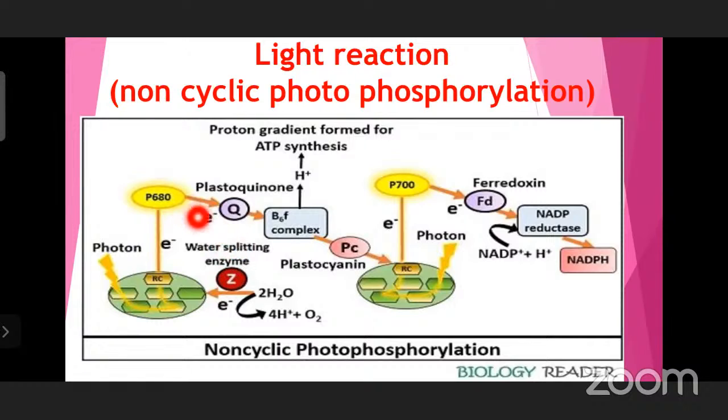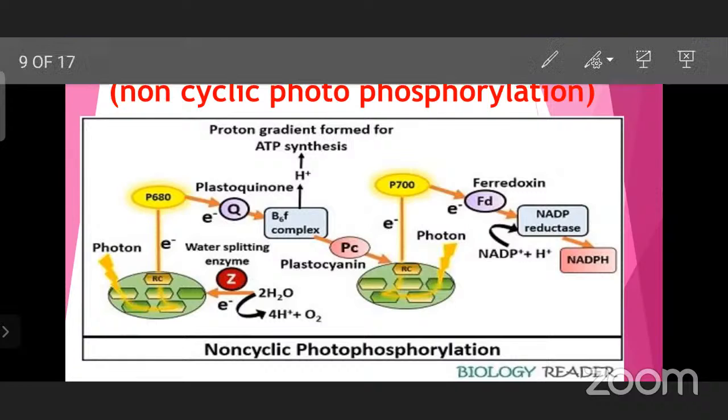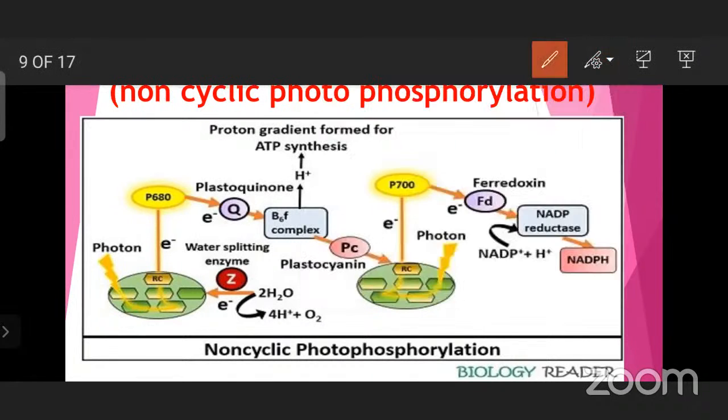Electron transportation is taking place here from plastoquinone to cytochrome to plastocyanin, and finally reaching photosystem 1. This is photosystem 2, and this is photosystem 1.